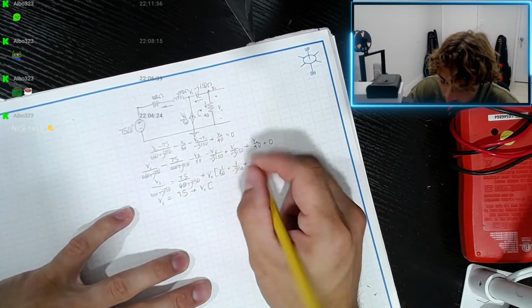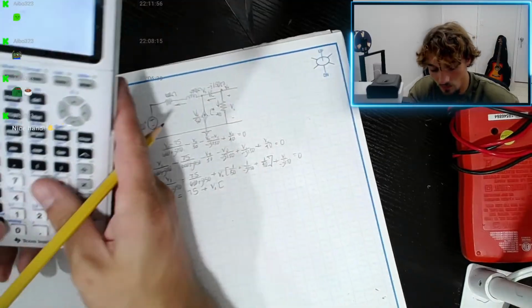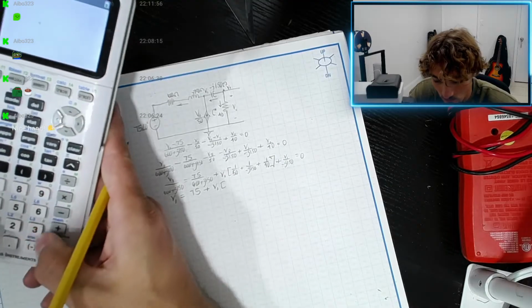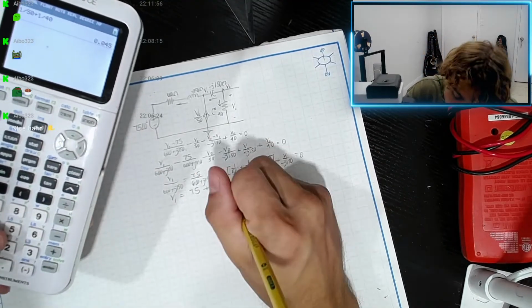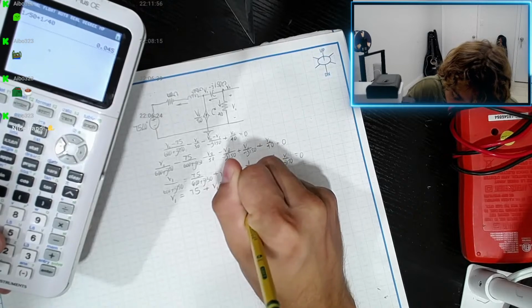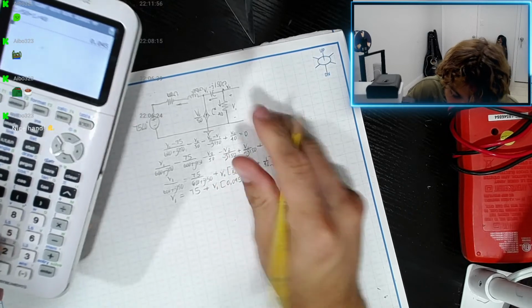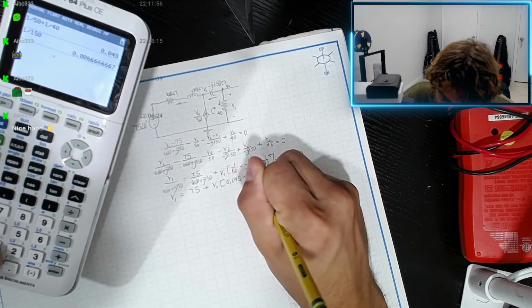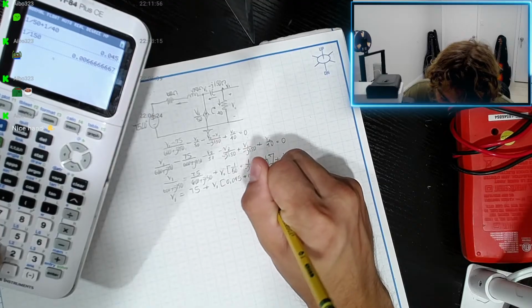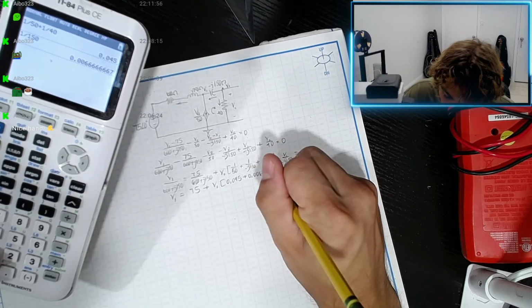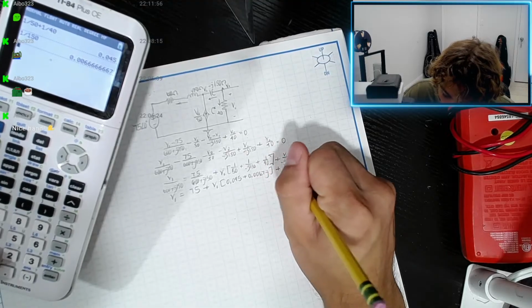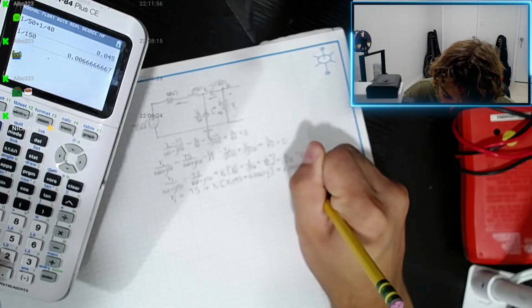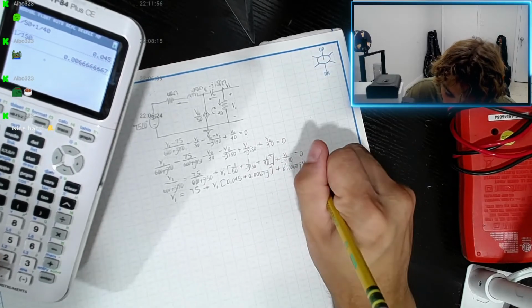So what's 1/50th plus 1/40th? 0.045, plus 1 divided by 150, which is plus 0.0067 J. Plus 0.0067 J V1 equals 0.